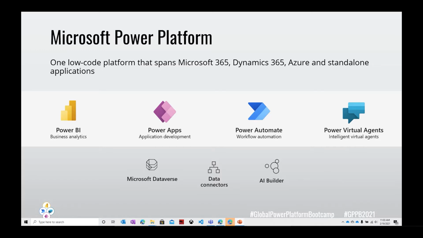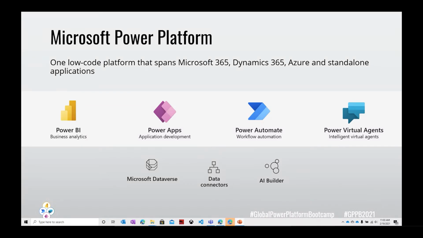Apart from these four main pillars, there are three main other aspects related to the Power Platform. One is data connectors. Data connectors allow us to connect to our data sources or services no matter where they live. Example, SharePoint, OneDrive, Excel, Amazon Redshift, you name it, third party, first party, all those options. Plus, we can create custom connectors.